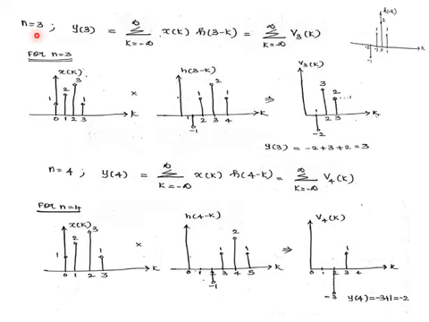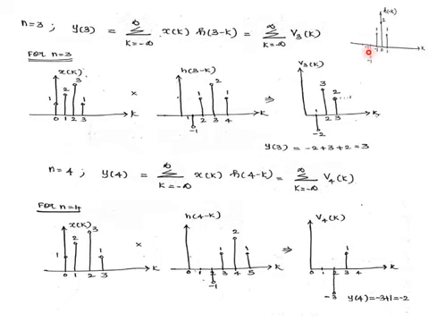Now when n is equal to 3, y of 3 is given by summation k is equal to minus infinity to infinity x of k h of 3 minus k. X of k we have to draw as such, and h of 3 minus k is obtained by shifting h of minus k by 3 units towards right. So all these sample values have to be shifted by 3 units.